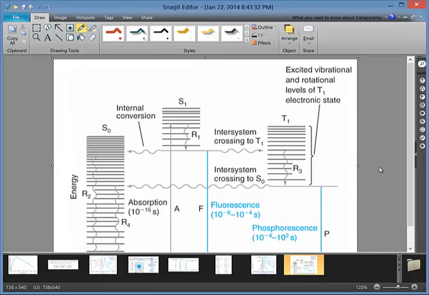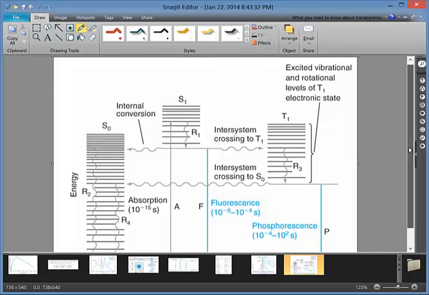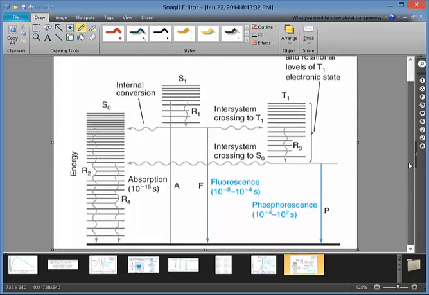But first, we need to talk about what might happen to a photon that gets absorbed by a sample. This is an energy level diagram of some type of sample with a chromophore.